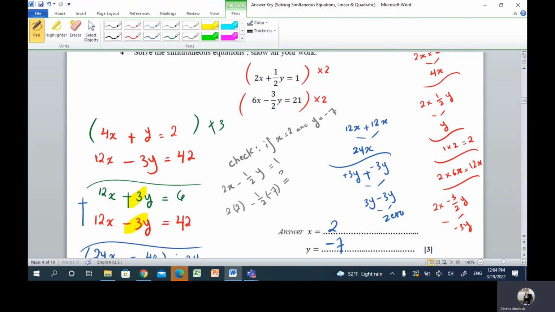Is it equal to 1? 2 times 2, 4, minus half times negative 7, so 0.5 times 7, it will be 3.5. Is it equal to 1?